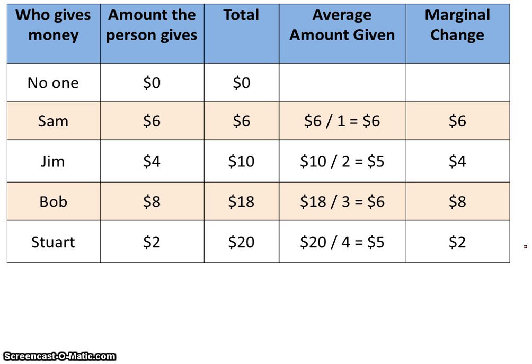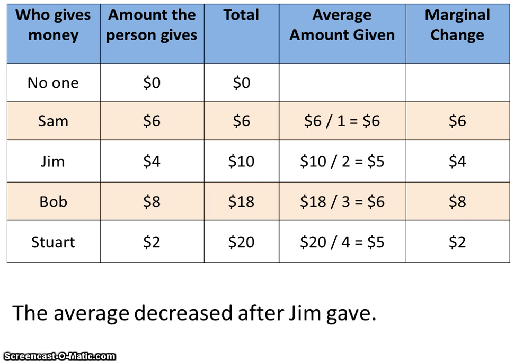Now notice when Jim gave that the average actually decreased, and that's because Jim's marginal contribution of $4 is less than the average of $6. So that made the average decrease.